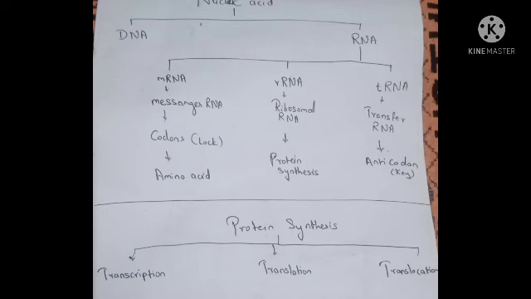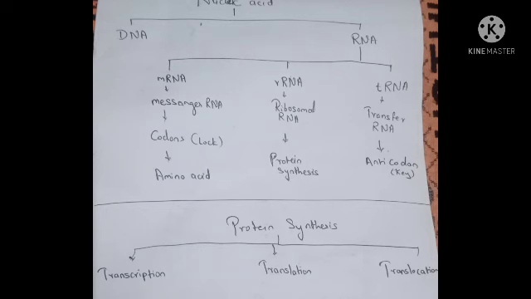DNA is also called genetic material, whereas RNA is further subdivided into three parts: mRNA, rRNA and tRNA. First part, mRNA, that is messenger RNA. rRNA is called ribosomal RNA and tRNA is called transfer RNA.